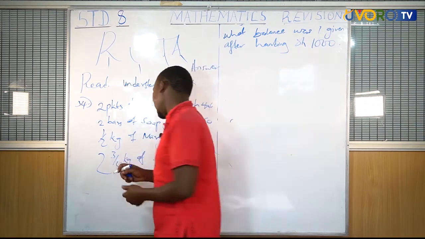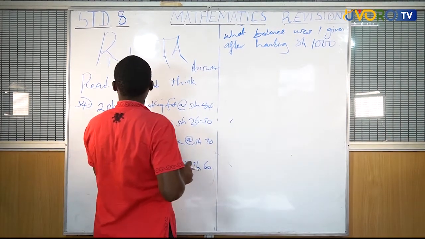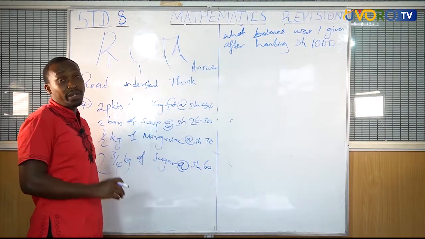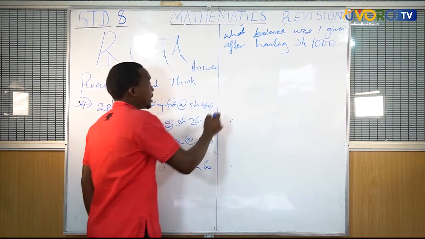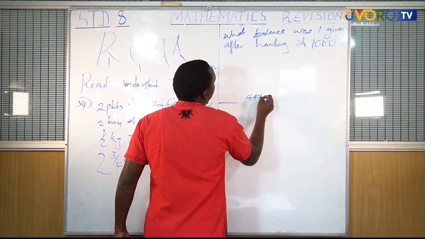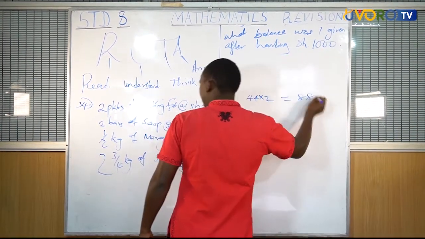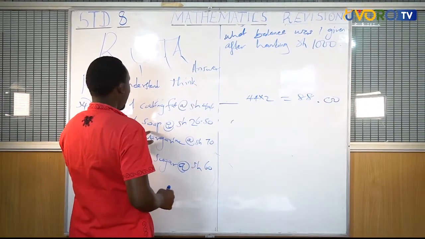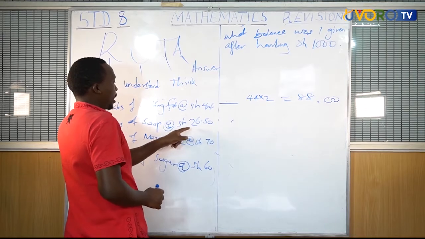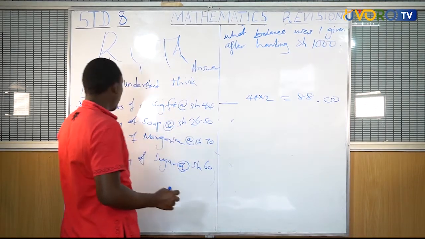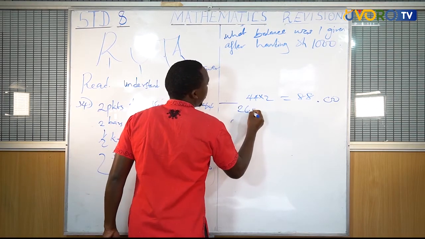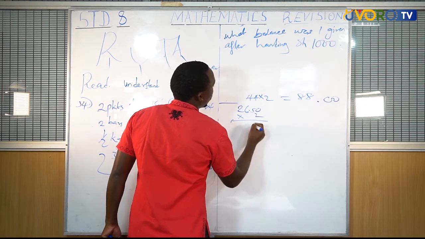Now, for this case, 2 packets of cooking fat at shillings 44. Should I multiply? Yes. That is 44 times 2, which is 88. Very good. 2 bars of soap at shillings 26.50. Should we multiply? Yes. 26.50 times 2. 0, 10.